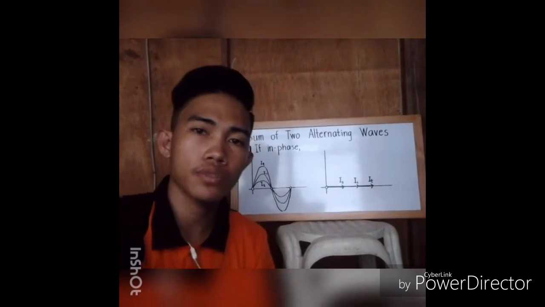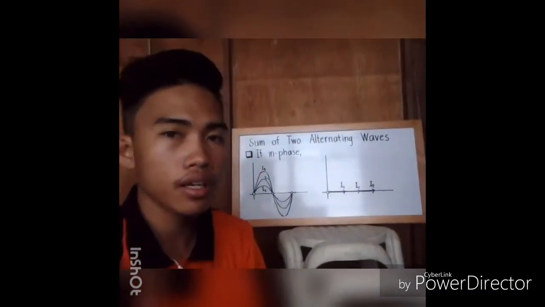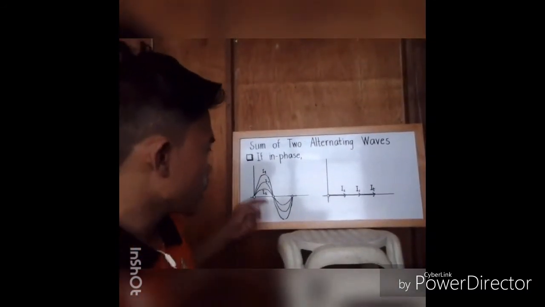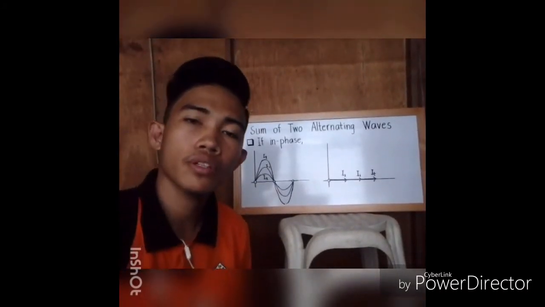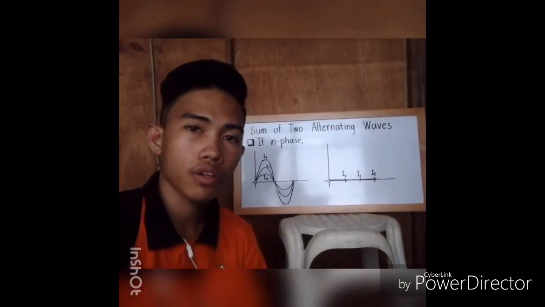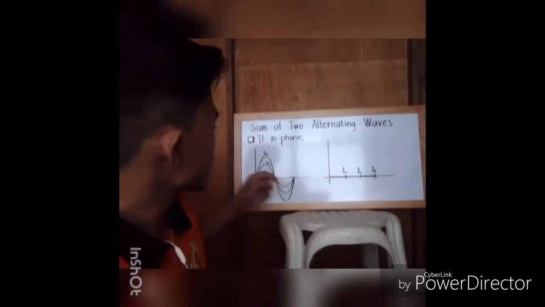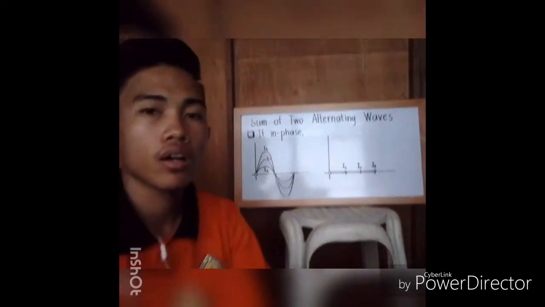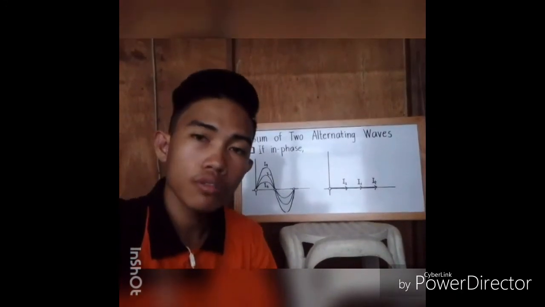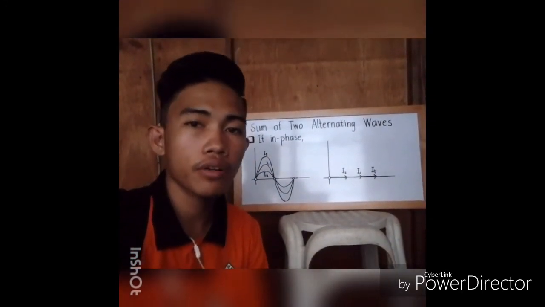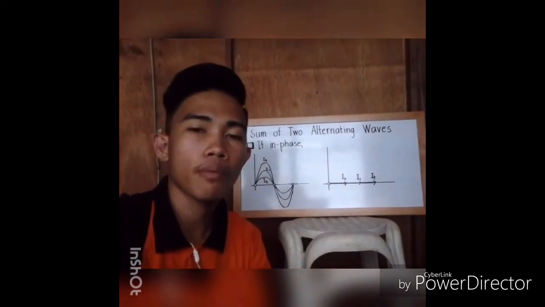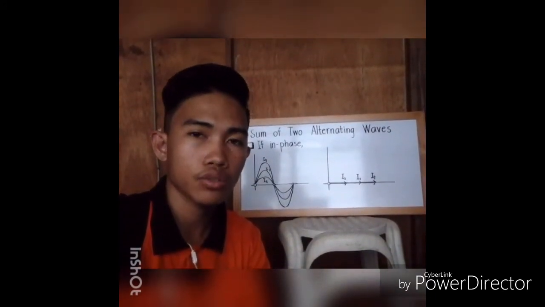In order to understand the concept, it is shown here graphically, I1 and I2. When they are combined together, they will yield a resultant wave, which is represented right here as IT, the magnitude of which is just the arithmetical sum of the magnitudes of I1 and I2.